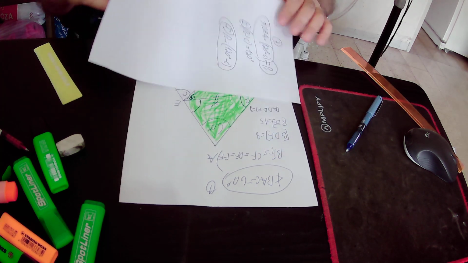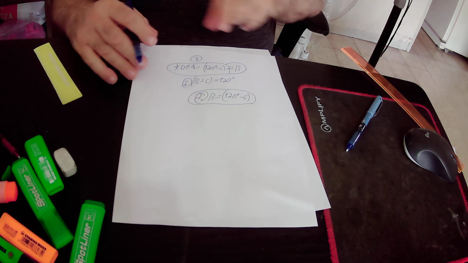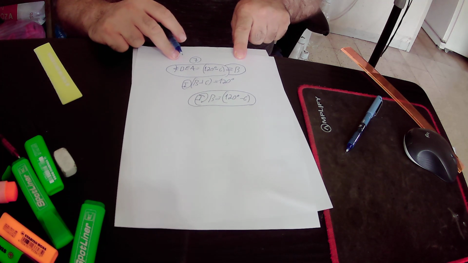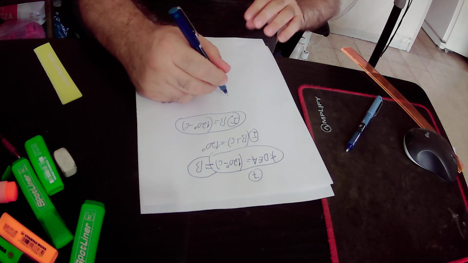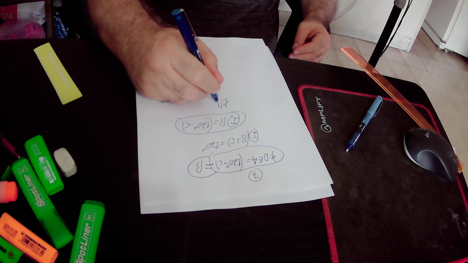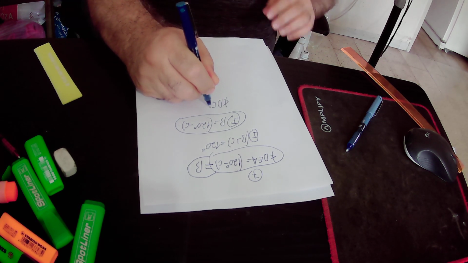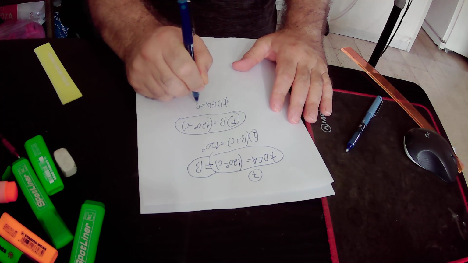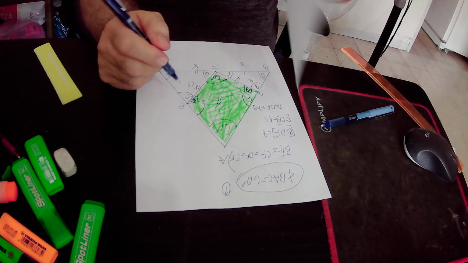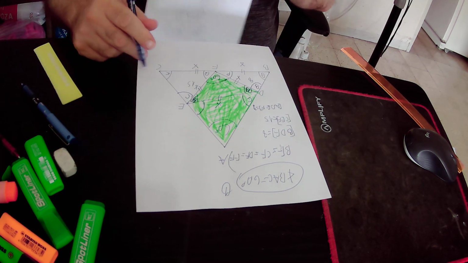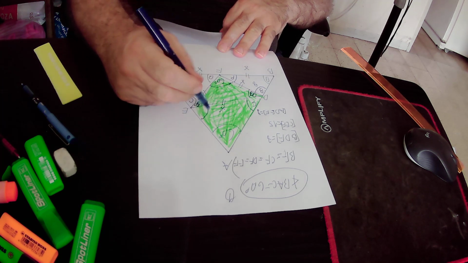And actually, from this equality, we can derive that angle DEA equals B.